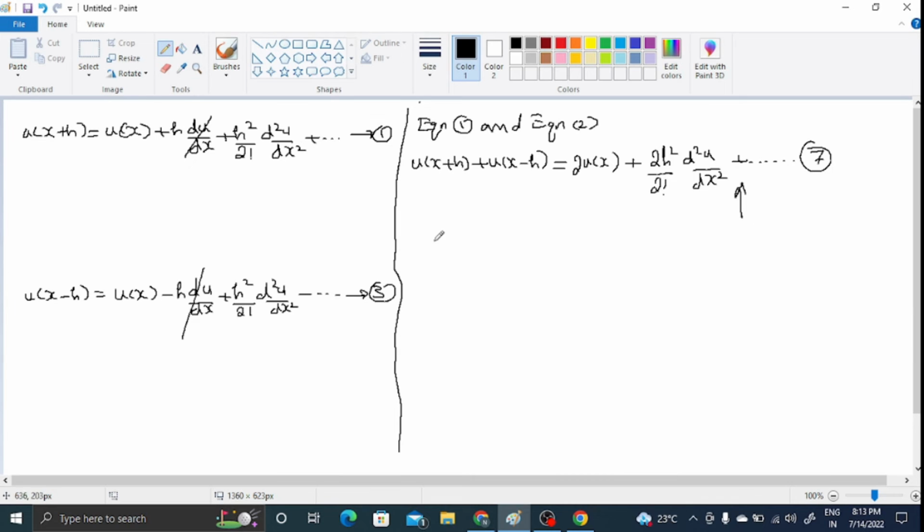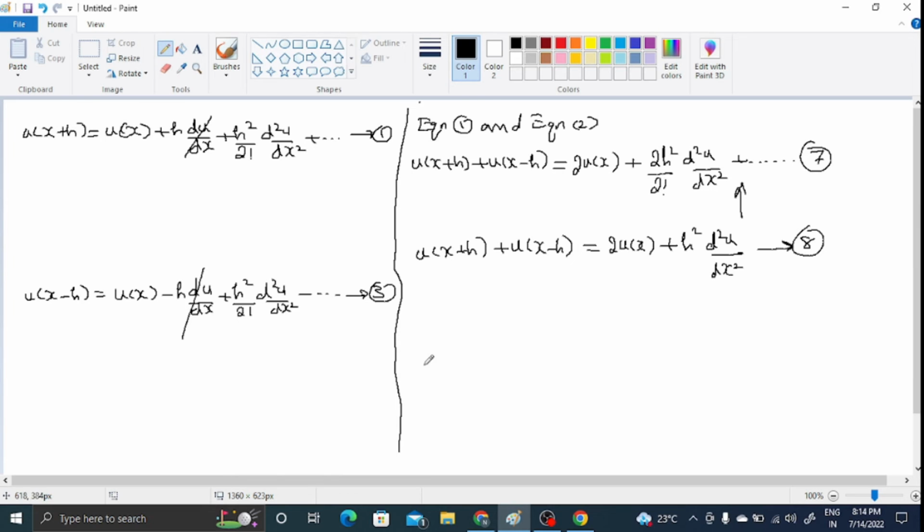Okay, so I can write u of x plus h plus u of x minus h is equal to 2 into u of x plus, now here you can see that this 2 and the denominator 2 are cancelled, so we have h square into d square u by dx square. So this is equation number 8. u of x plus h plus u of x minus h is equal to 2 into u of x plus h square into d square u by dx square.